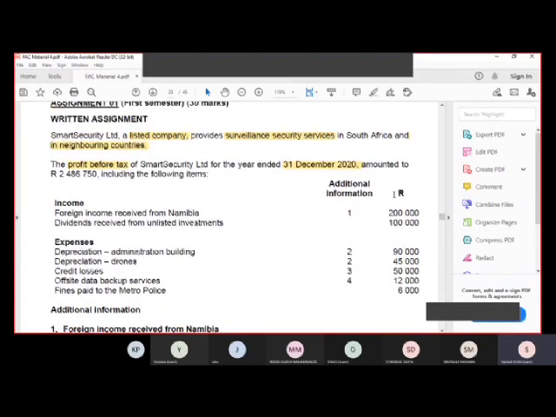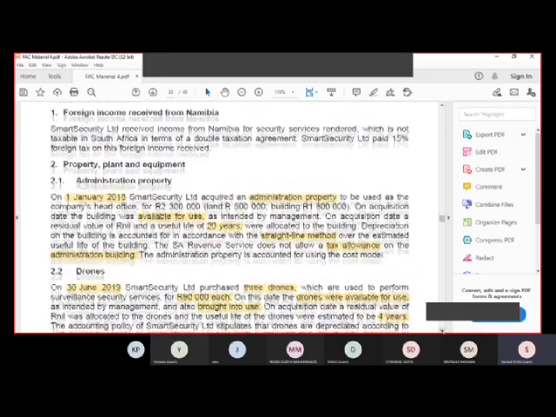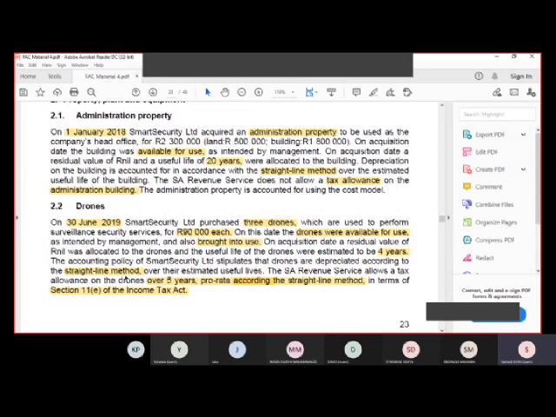Then check when you bought the drones. You bought them last year, June. So when you calculate depreciation, you're going to have depreciation for half a year. On the 30th of June 2019, Smart Security Limited purchased 3 drones, which are used to perform civilian security services, for 90,000 each. In total, probably somewhere around 2 something.